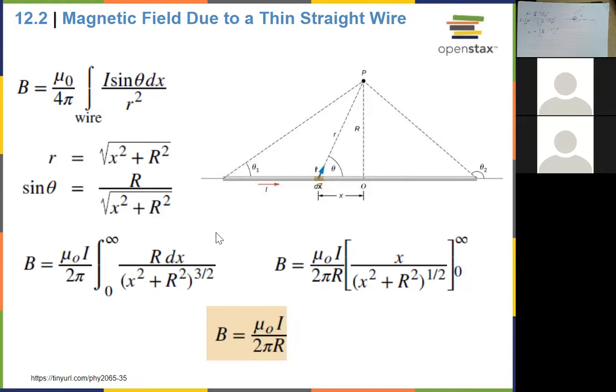So then your integration becomes this guy here. So sine will be replaced by that guy, and r squared, if you do r squared, you get rid of the square root, but you still have the square root of that guy. So that becomes 3/2 for the power in the denominator.